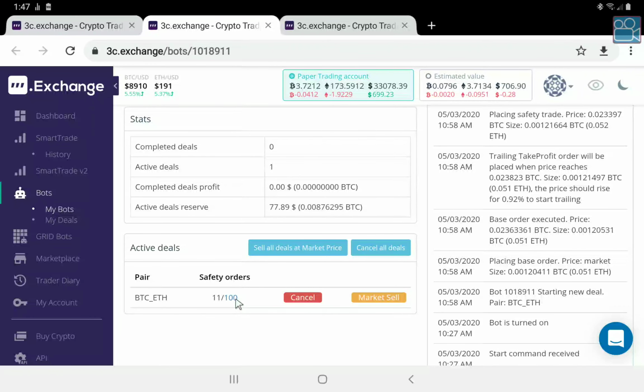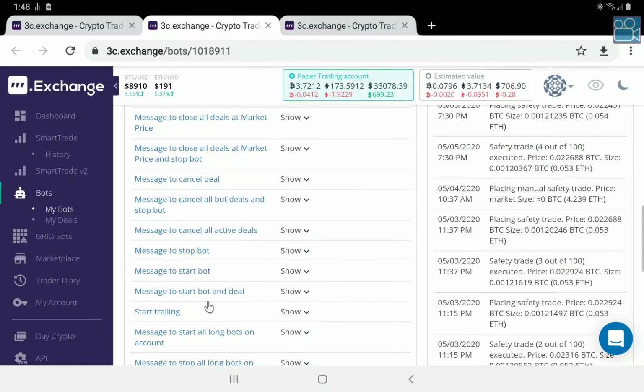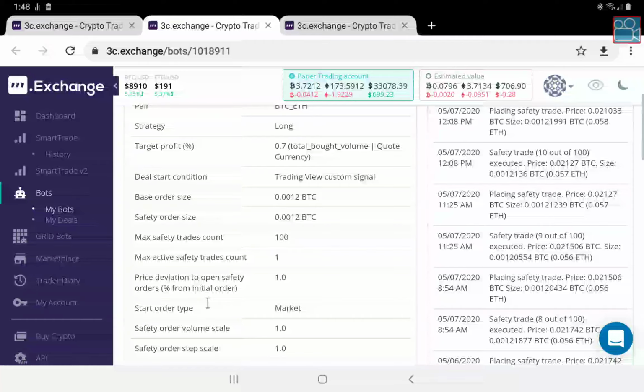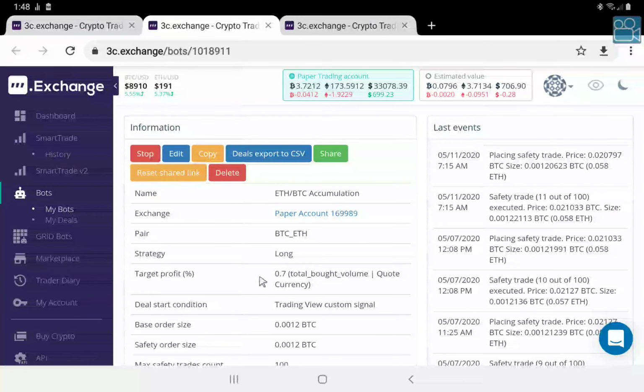It's been sitting here for 11 safety orders. So 11 safety orders and going nowhere fast. But it's accumulating and it's doing well. So when it does finally sell off, it's going to give a very generous amount. But again, this is the fail-safe approach.